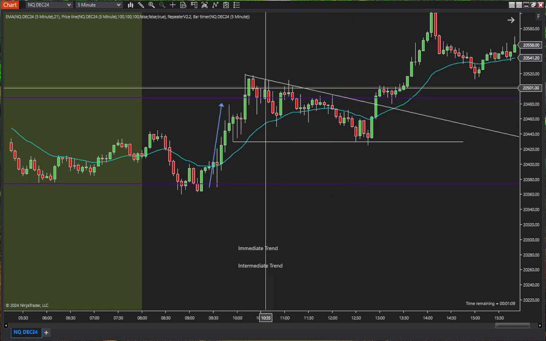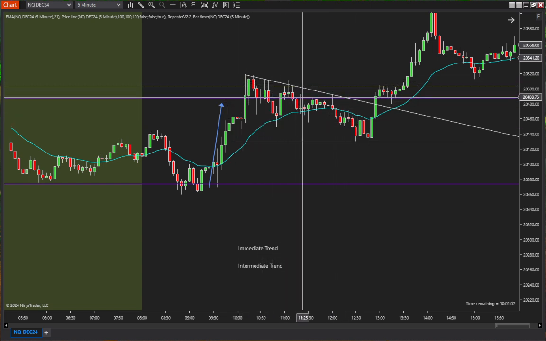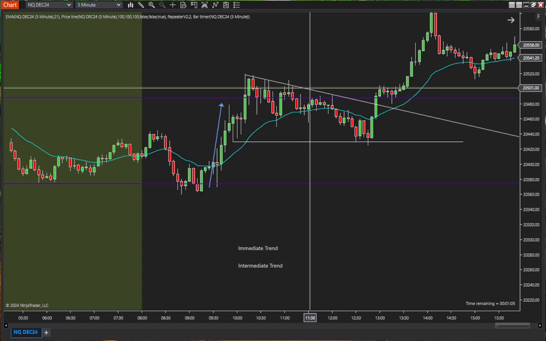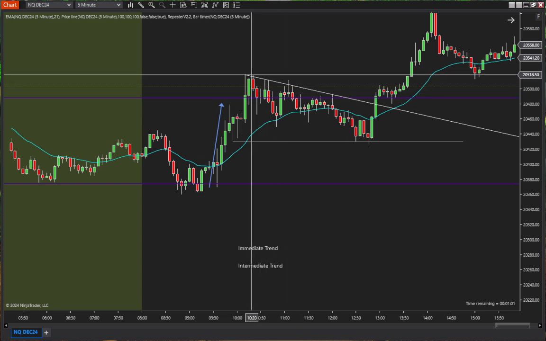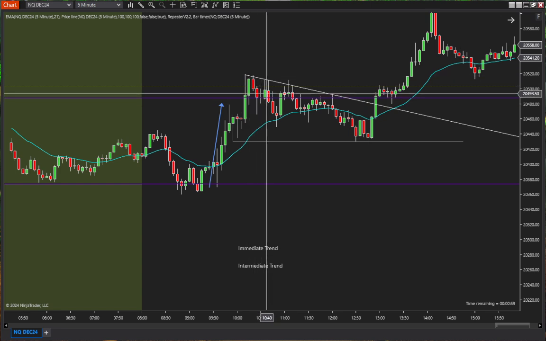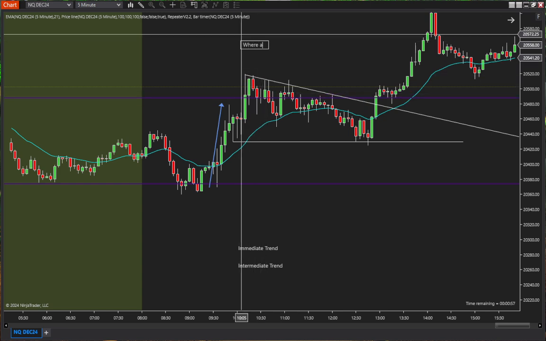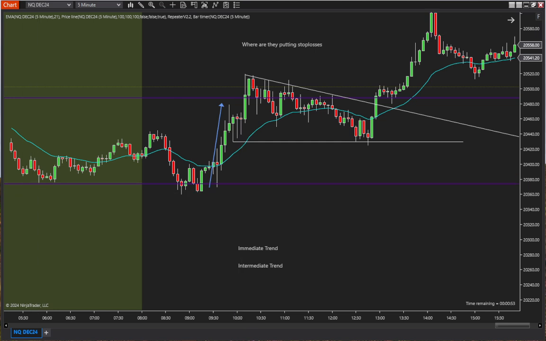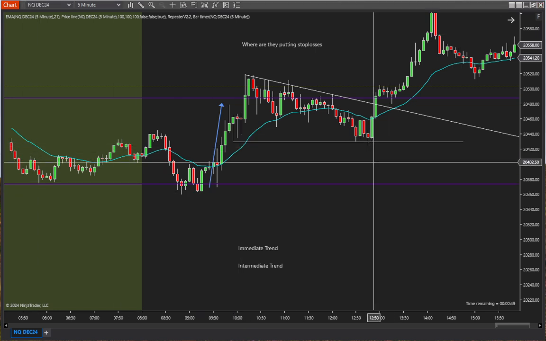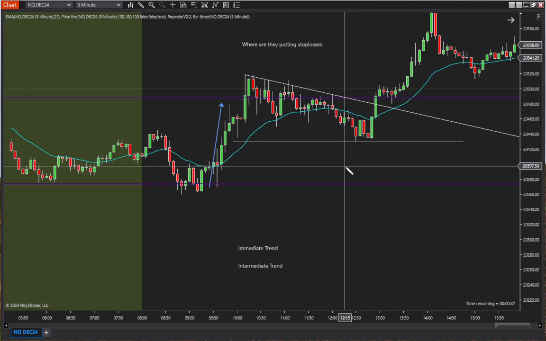Where are all of these late longs putting their stop loss? When you're thinking liquidity, where are you thinking that these longs are putting their stop losses? They're putting their stop losses right here, right?